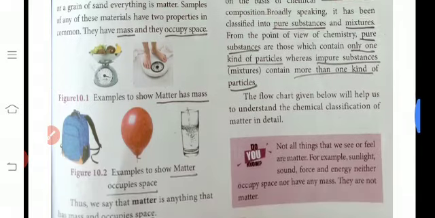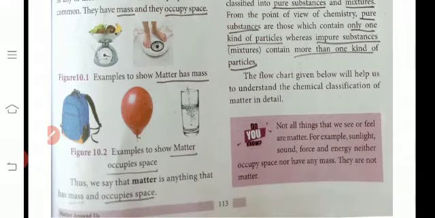Listen. Not all things that we see or feel are matter. For example, sunlight, sound, force and energy neither occupy space nor have mass. Does sunlight have mass? No. Does sound have mass? No. Does force have mass? No. So these are not matter.